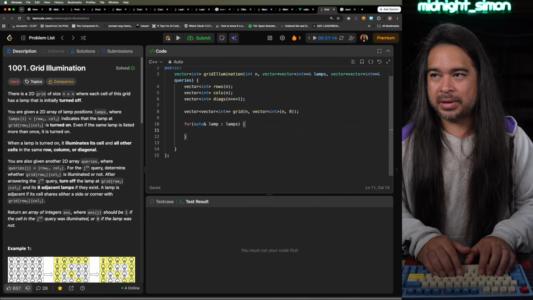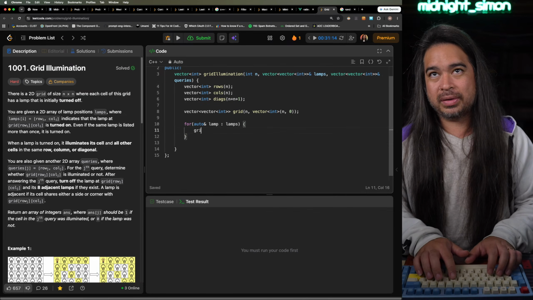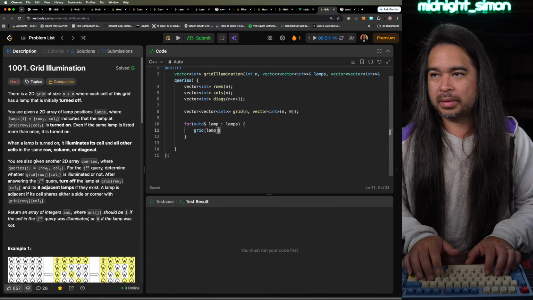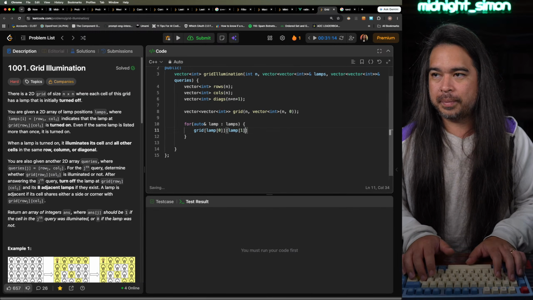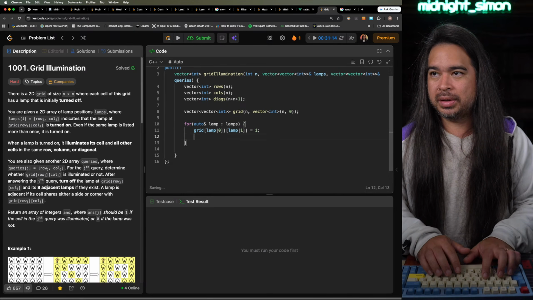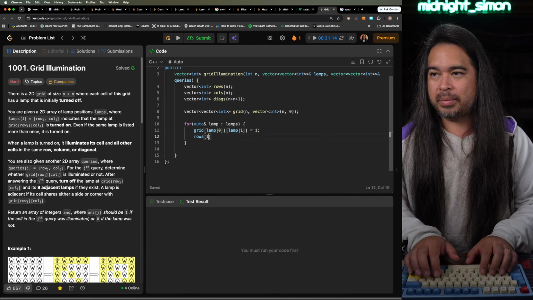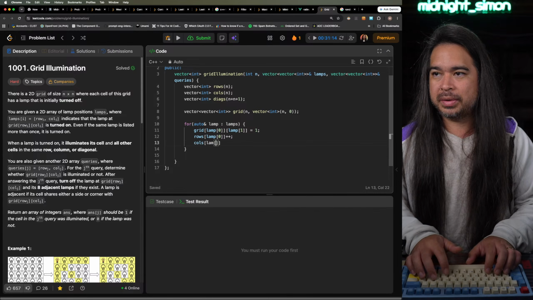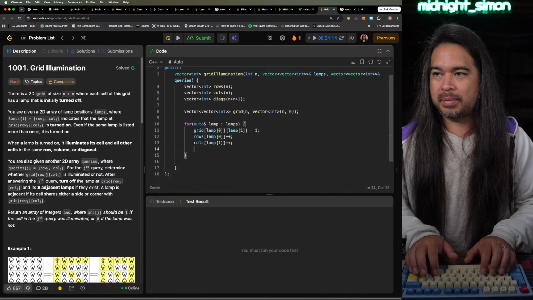Each of these lamps are turned on. So in my grid, I'll turn it on, but I'll also increment my rows, my columns, and my diagonal.